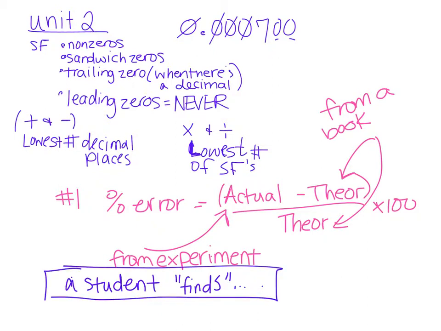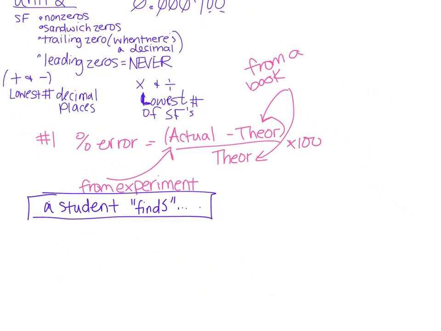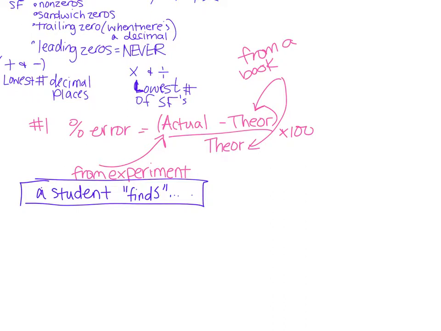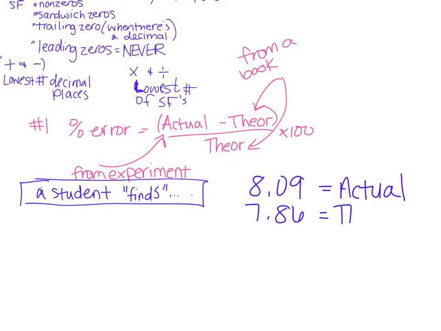All right, so knowing that, now it should be a little bit easier. I'll run through it with you so you can write this on your review if you'd like. The found density, the 8.09, that's going to be your actual. Your 7.86 is your theoretical, because if you look at the question, he says he found that other one in a book or something.